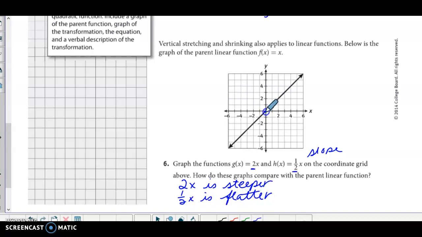Because we're still starting at 0, 0, but now we're going up 2 and over 1. We're also going down 2 and back 1. So this is y equals 2x, this is y equals x, our parent function. But if we're going to go up 1 and over 2, or down 1 and over 2, this is going to be our y equals 1/2 x.